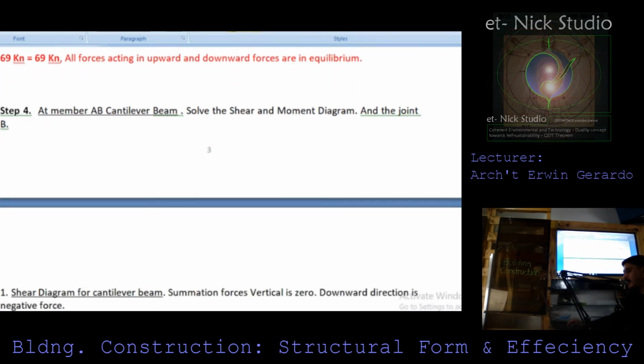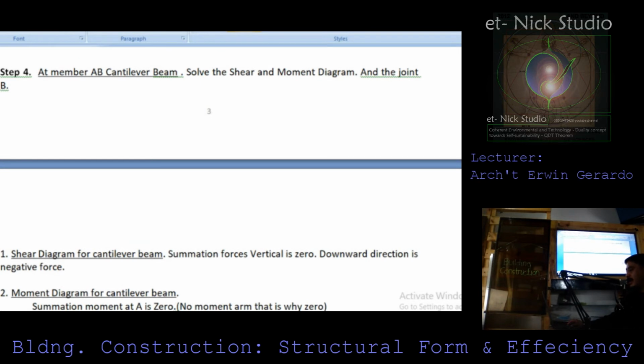Now for step 4, at member AB, which is actually a cantilevered beam, solve the shear and moment diagram and the joint at B.